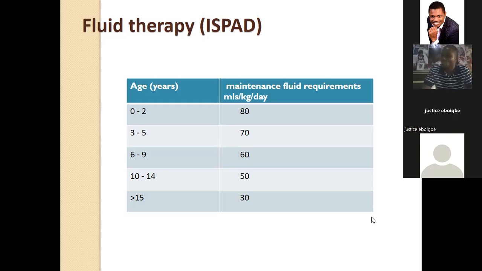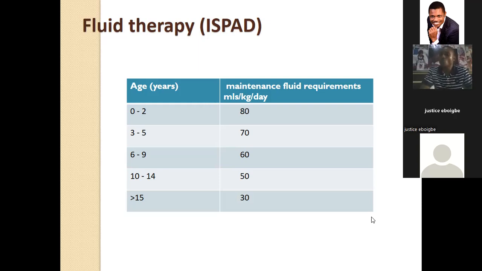That is the anti-shock. The anti-shock you give at 10 mils per kg over the first 1 hour. Then you now give deficit. Deficit you usually give at 75 mils per kg. I told you rather than giving full at 100 mils per kg for deficit, you give at 75 mils per kg, because you are restricting fluid. You don't want to give too much.